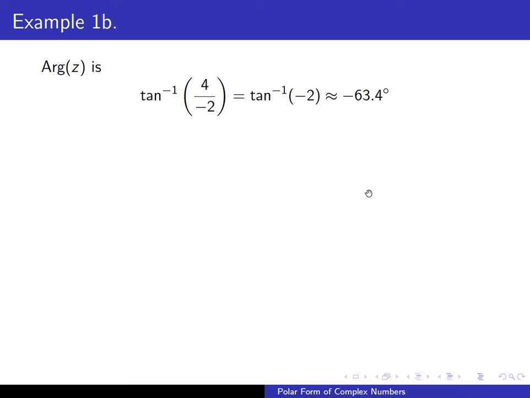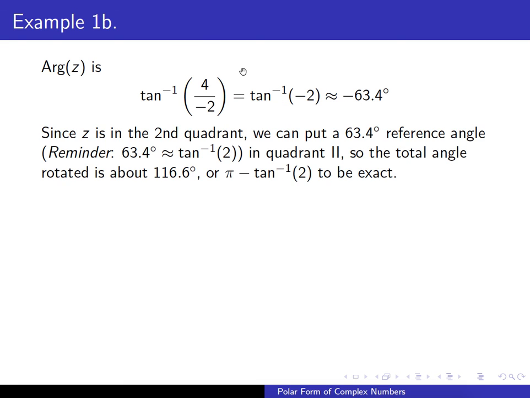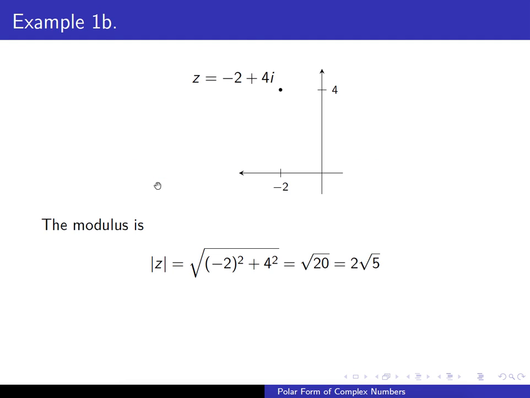Arg z, again, inverse tangent of y over x, so 4 over negative 2 is, if we took the absolute value, it'd be 63.4 degrees. But since it's in quadrant 2, if we put that 63.4 degree reference angle in quadrant 2, the total angle rotated is about 116.6.